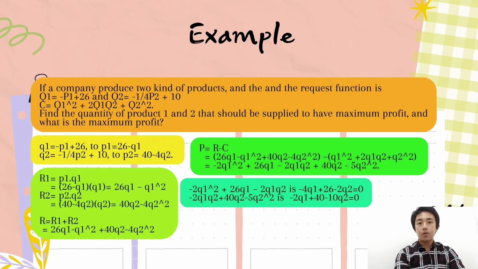Next, we focus on Q2. So the derivative of negative 2Q1 Q2 plus 40Q2 minus 5Q2 squared, remember we focus on Q2, is negative 2Q1 plus 40 minus 10Q2 equals 0.